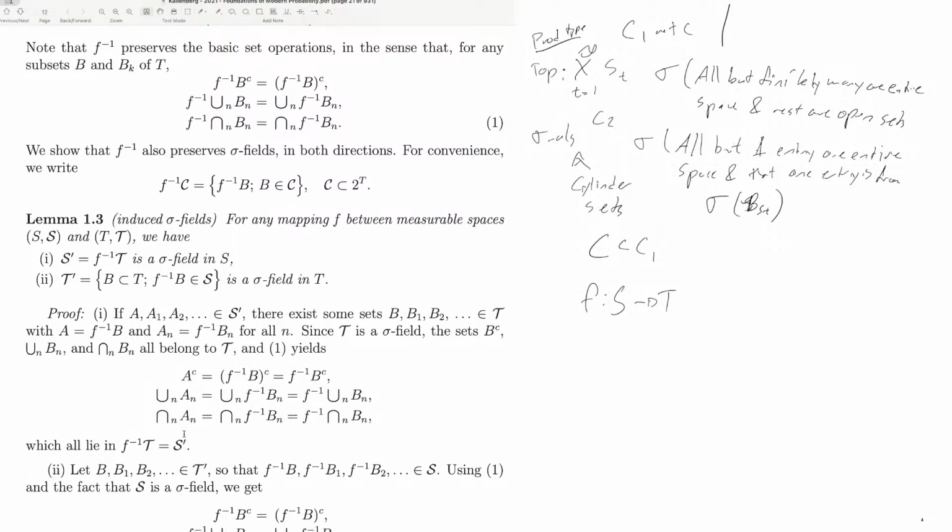It just follows directly from the set operation properties. What's the second one here? T prime. B subset of T such that, that's so weird. Okay, so S prime is the one that gets induced by T.